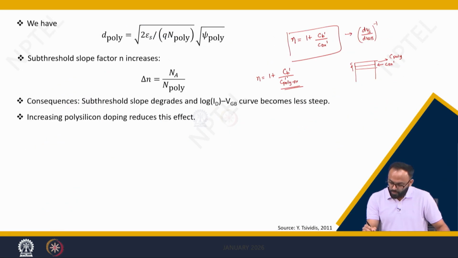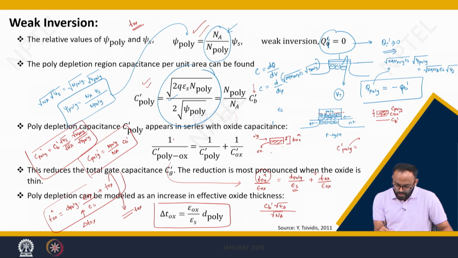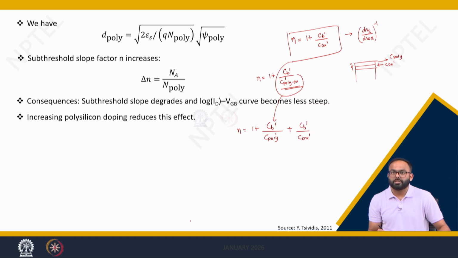Can I find out what is the equation for CB dash by C poly? So, n is equal to 1 plus, you go back to this equation and see, I am interested in CB dash divided by C poly, right. So, I can simply multiply the numerator by CB dash, and this term can be written as CB dash by C poly dash plus CB dash by COX dash, right.